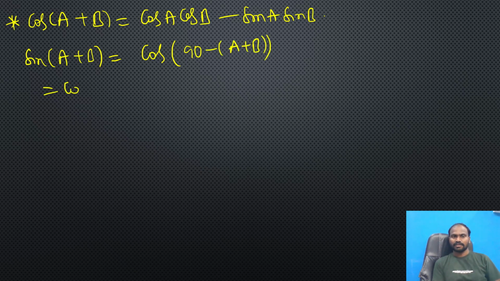That means it is going to be cos of 90 minus A minus B. So this I will take as A, and this is B. So cos of A minus B.